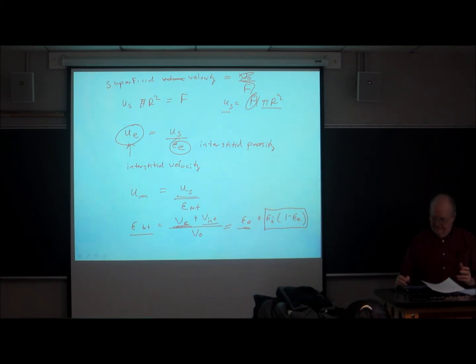This term doesn't matter. And so the total porosity is equal to just the porosity outside the particles. So this number ranges from 0 on up.